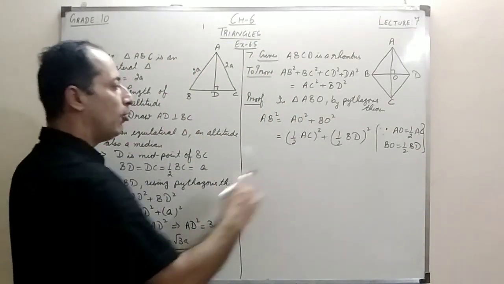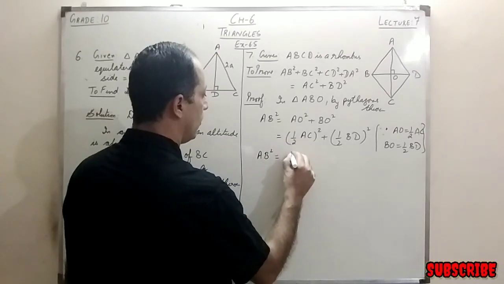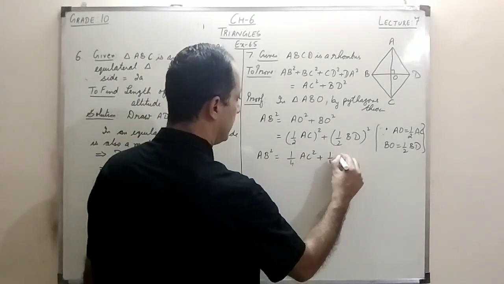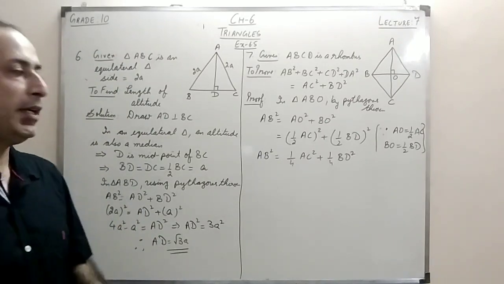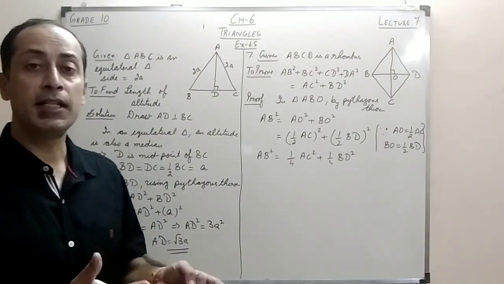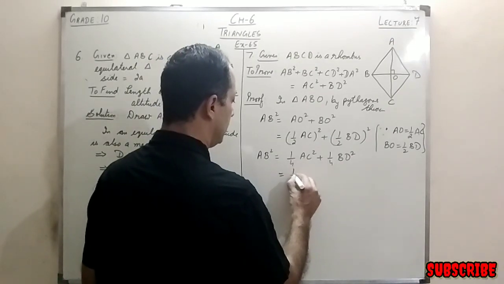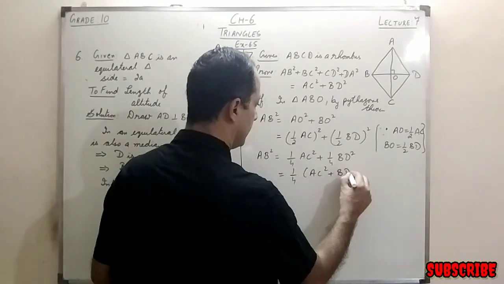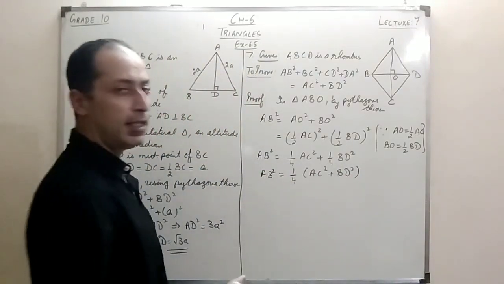Now when I open the brackets, I get AB square is equal to 1 by 4 AC square plus 1 by 4 BD square. This 1 by 4 can be taken as common, or we can take 1 by 4 as LCM. It's our choice. I take 1 by 4 as common, and now this 4 can be multiplied on the left side.